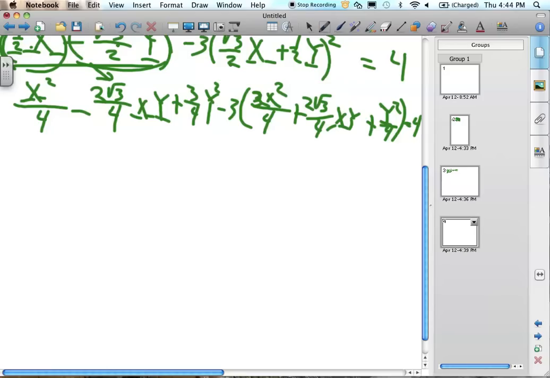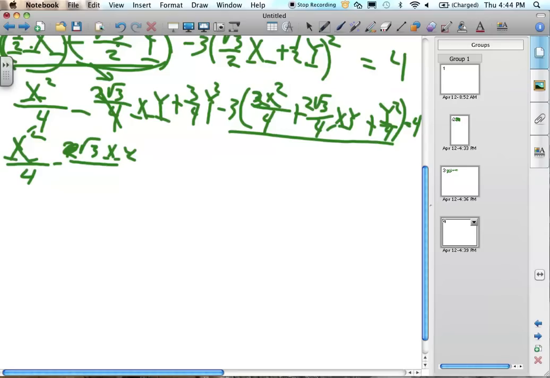So now what I'm going to do is distribute this thing right here. So I'm going to have x squared over 4 minus 2 square root of 3. These cancel out. So I'm going to have square root of 3 x y over 2. I'm going to simplify that.